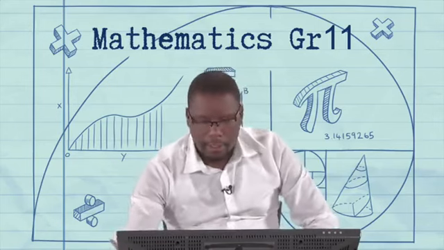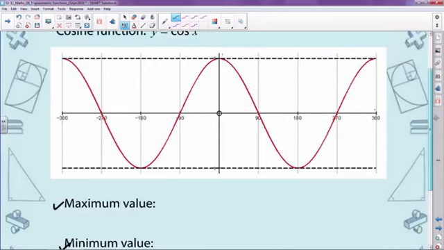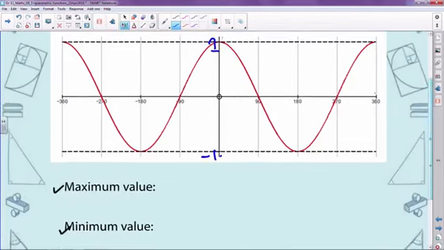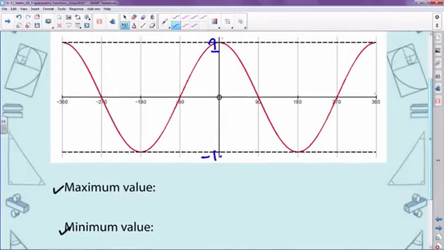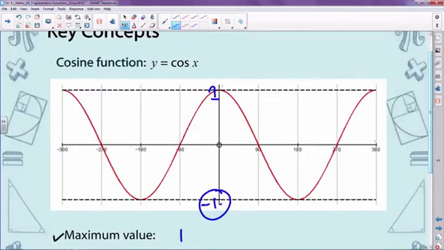All right, guys, let's just check quickly. Like the previous graph, this is 1, and then this is your -1. We'll quickly do this one. What's your maximum value? Like we did, this is 1, and then the minimum value will be your -1. And your period, again, we're looking at this graph, y equals cos x.